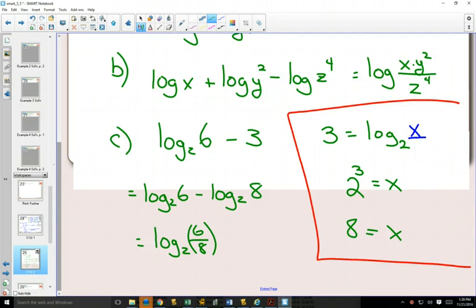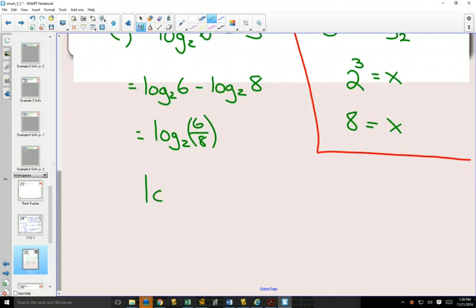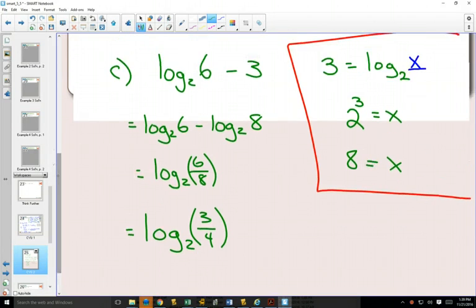If you wanted to reduce that, so a multiple choice question could say log 2 of 6 minus 3 is equivalent to, and then this would be one of the answers. And you'd have to combine it as a single log to see that it matches.